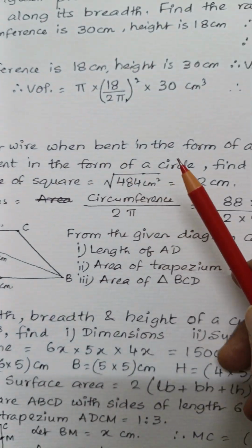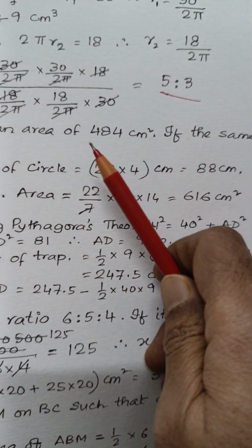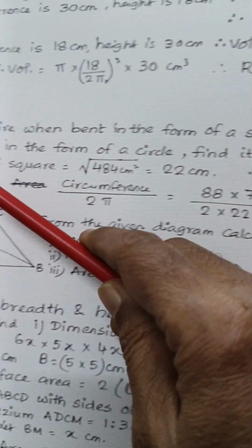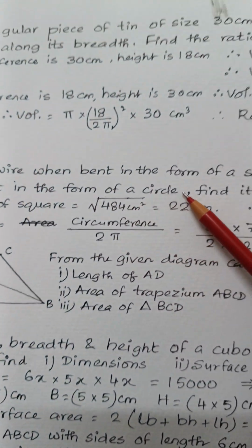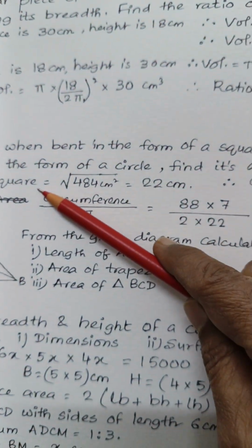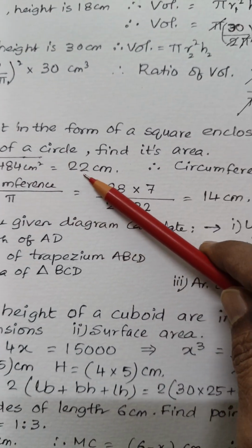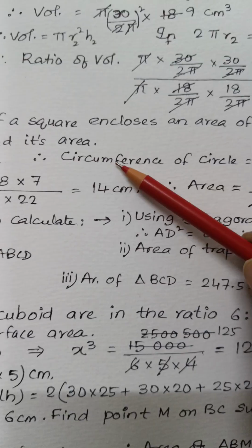Number 6. A copper wire when bent in the form of a square encloses an area of 484 square centimeter. If the same wire is bent in the form of a circle, find its area. Now one side of the square is equal to root over 484 square centimeter, that is 22 centimeter.